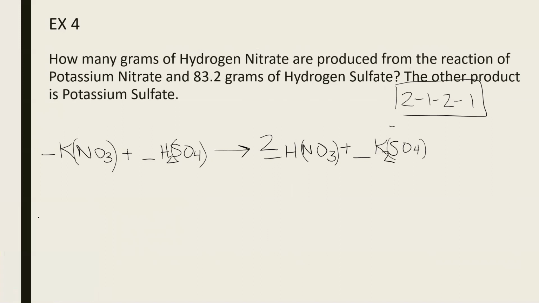Okay. How many grams of hydrogen nitrate? And then there's 83.2 grams of potassium nitrate. Word problem, just like math. You got to figure it out. All right. Mass to mass.